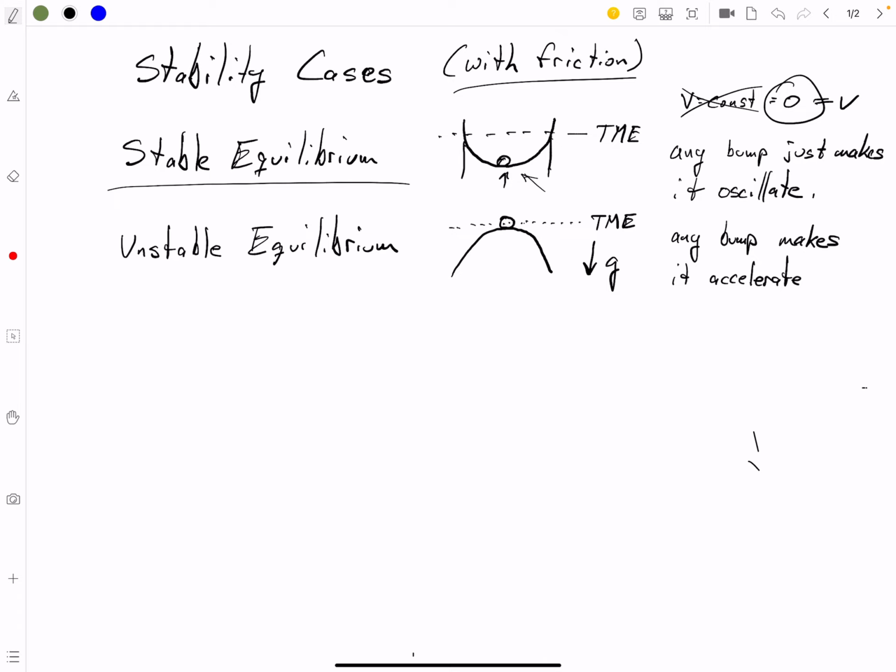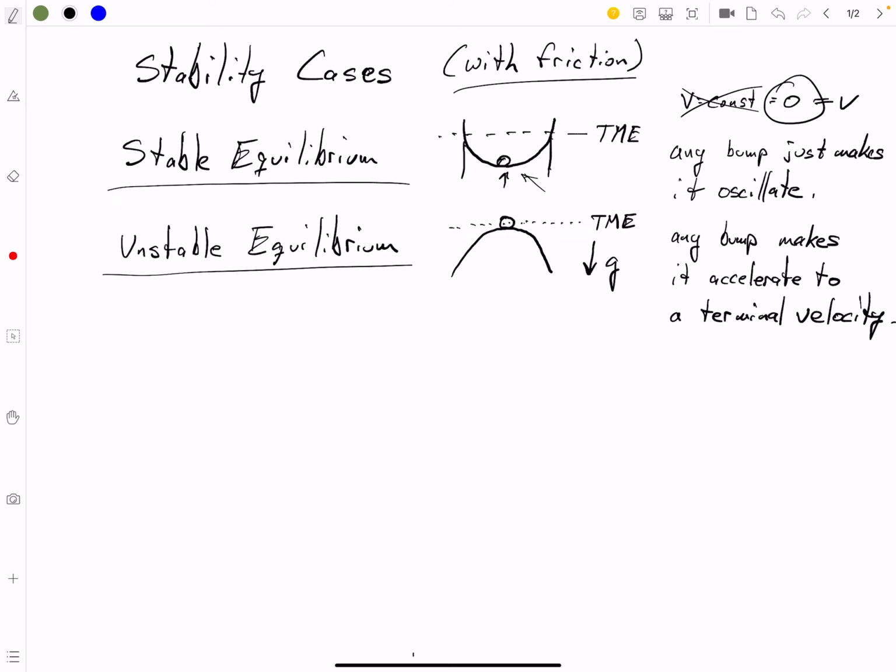A force acting on something without friction is going to give us acceleration infinitely. But with friction, which is what we're talking about, it'll accelerate to a terminal velocity. All right, that's unstable equilibrium.